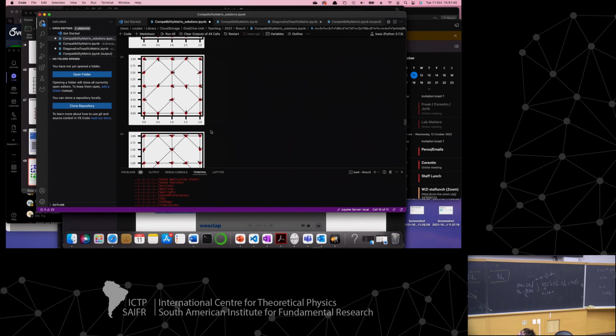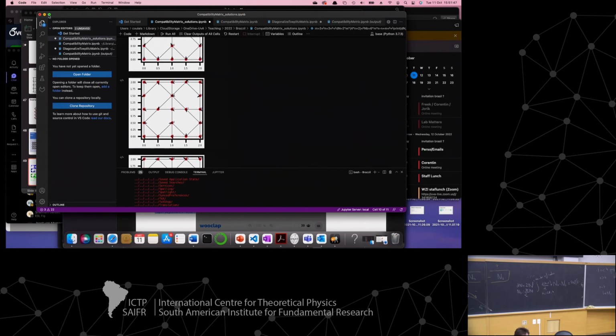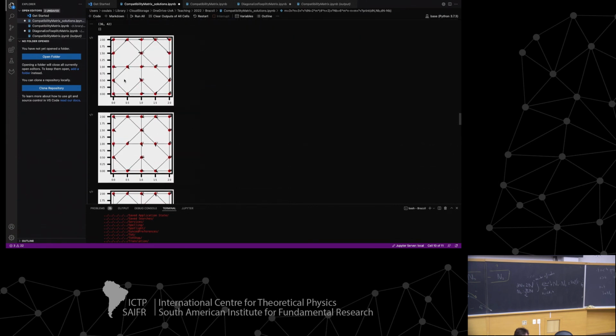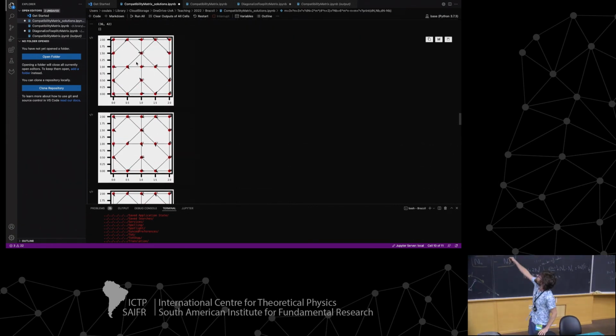Okay. So here I removed the... no, this is the solution. This is an example of a lattice. Each node is depicted by a red node, each bond by a black bond, and the arrows on top are the floppy modes, right?